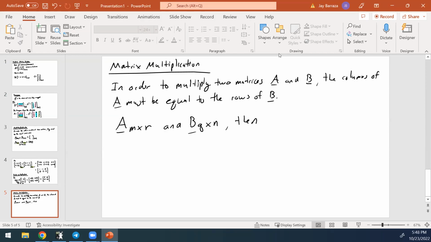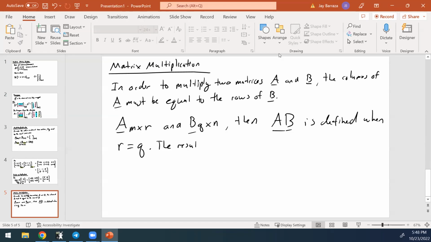then A times B, sorry, let me do it this way. A times B is defined when R is equal to Q, okay?